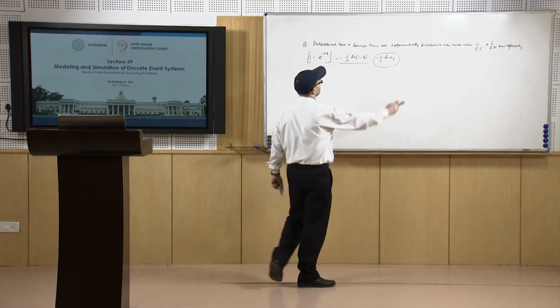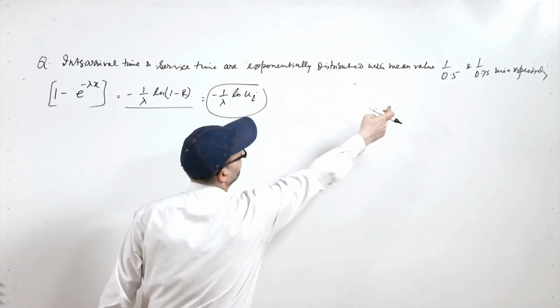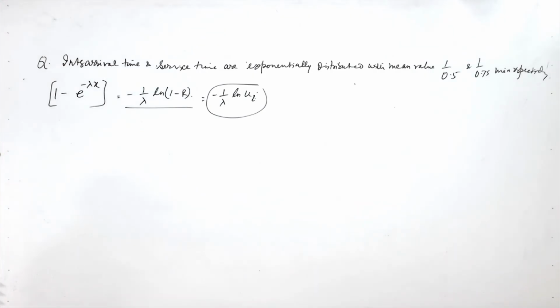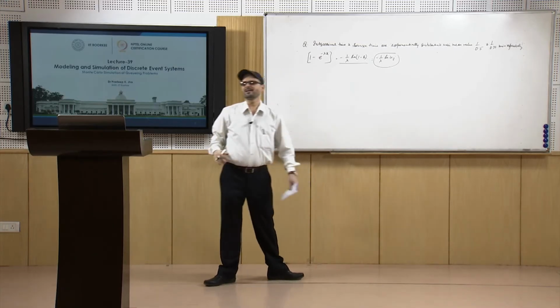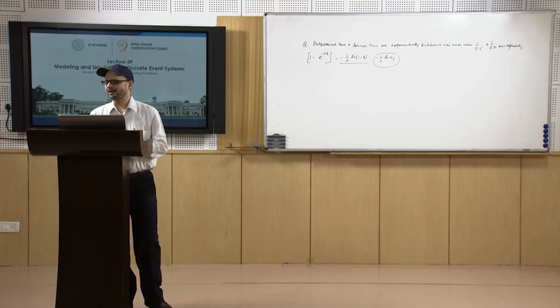So, once you put these different values, you can generate the stream of random numbers which fits this exponential distribution.